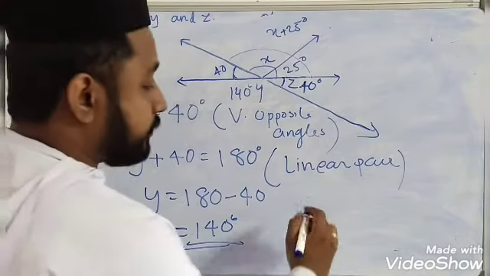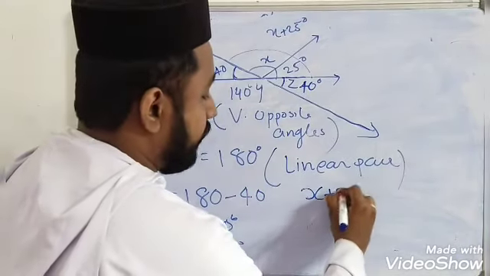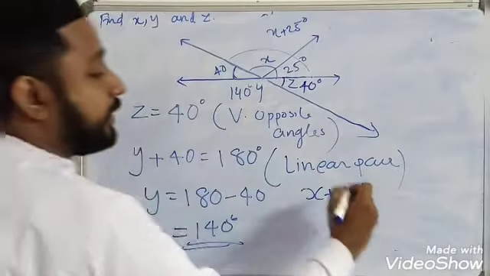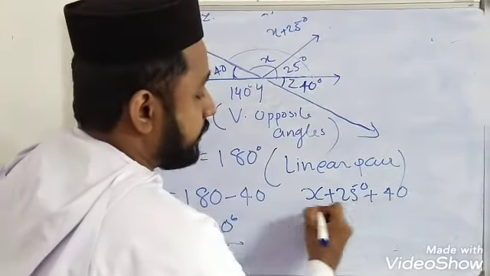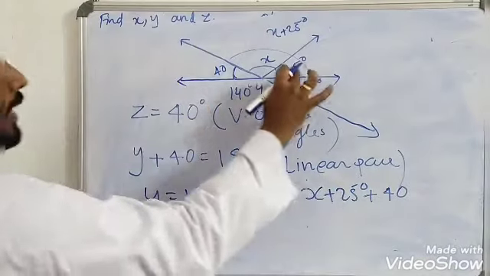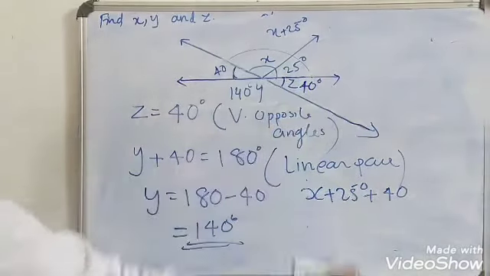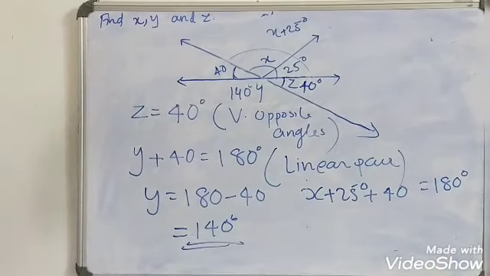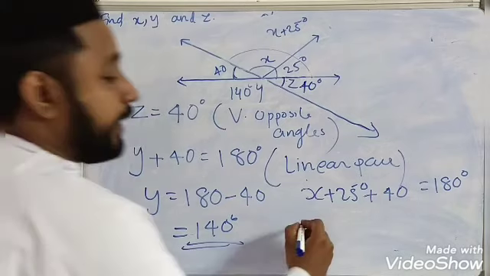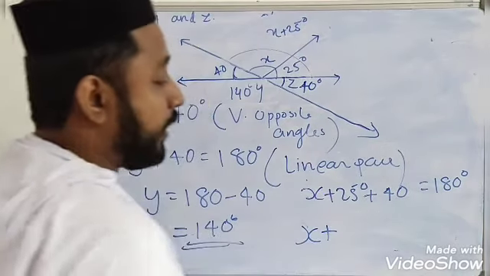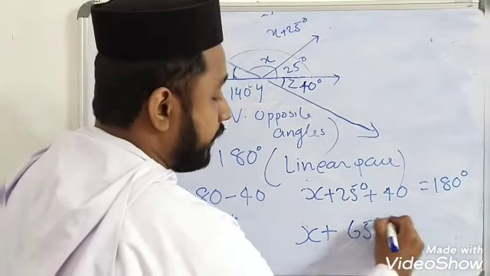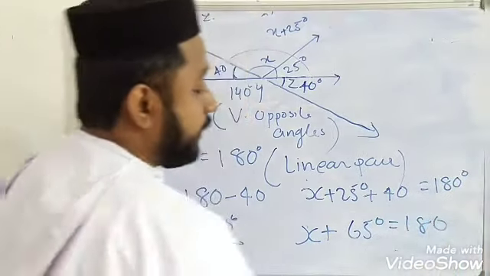That is, this angle x plus 25 degrees and this angle 40 are linear pairs, which is equal to 180 degrees. x plus 25 degrees plus 40 degrees is equal to 180 degrees. x plus 65 degrees is equal to 180 degrees.